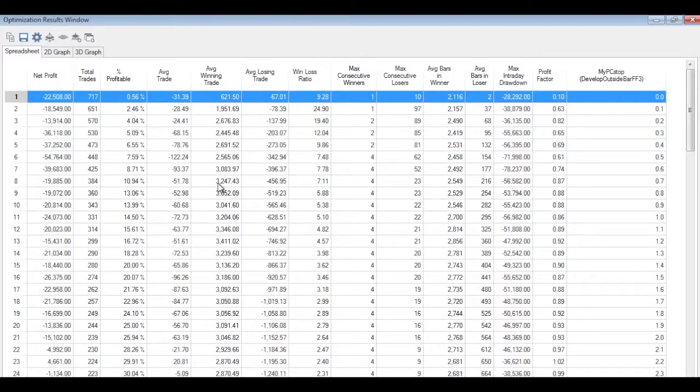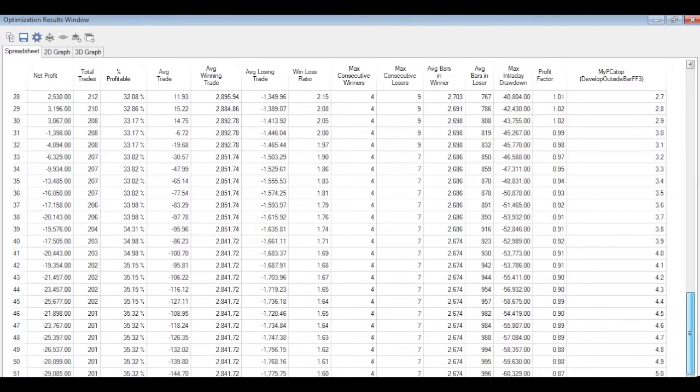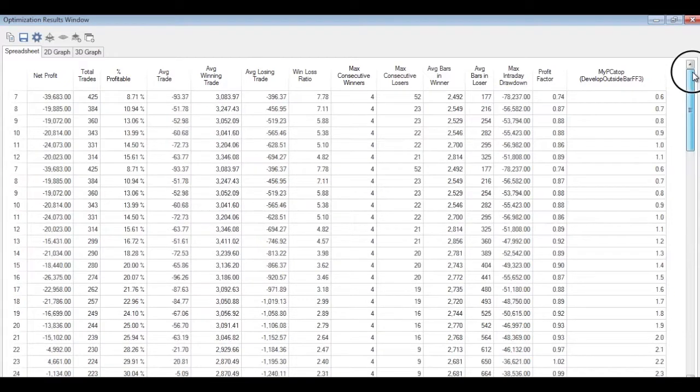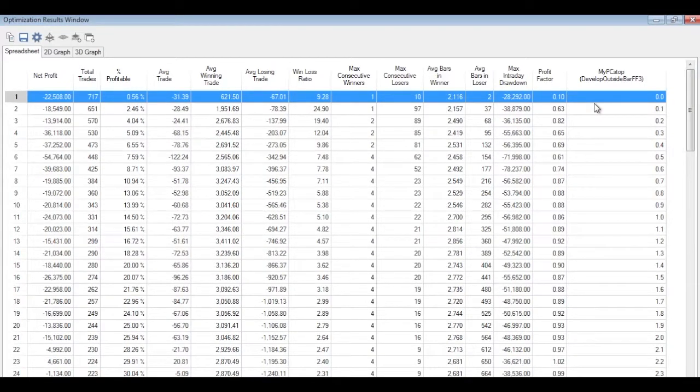And this optimization report is for the stop loss. We can see up here we've got PC stop, percentage stop, and again I optimized the levels between 0 all the way up to 5, so 500% of that range.